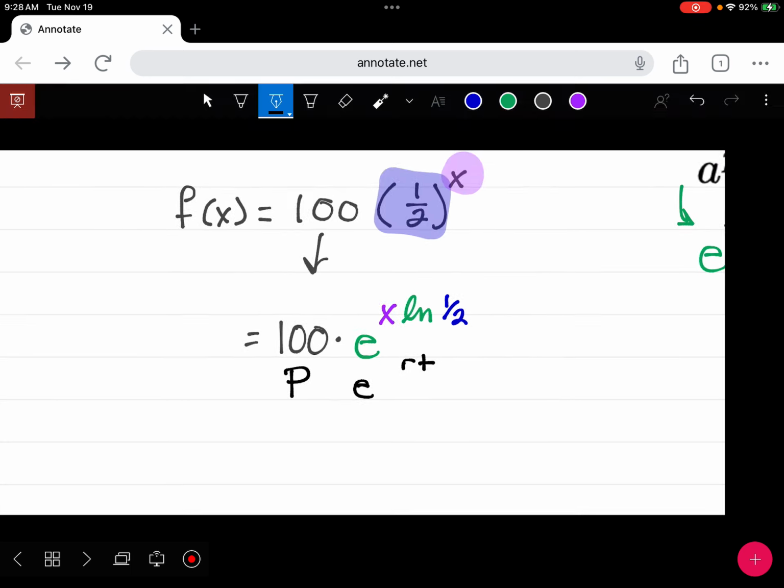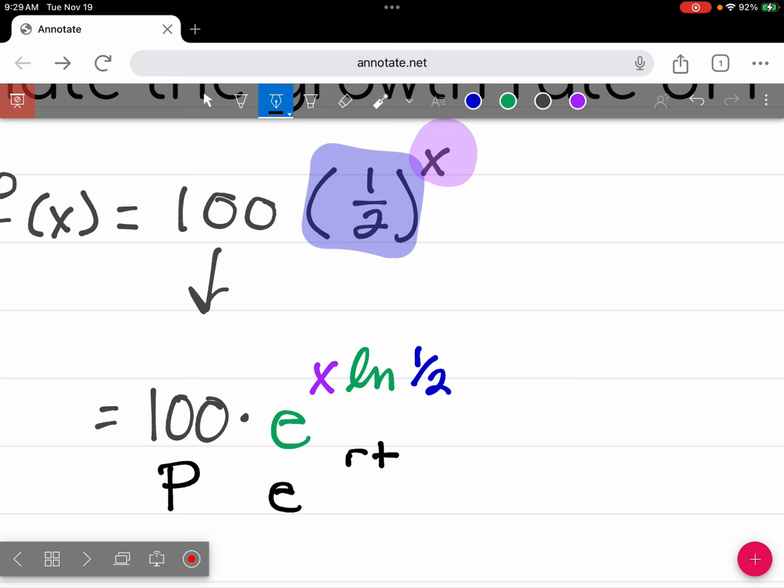Because the thing we change is the time. It's not going to be that I have this account for 6 years and it's my rate that changes. It's that I have this savings account, or this situation, and it's the time we're looking at. We're looking at different times. So my variable is going to be the t every time.